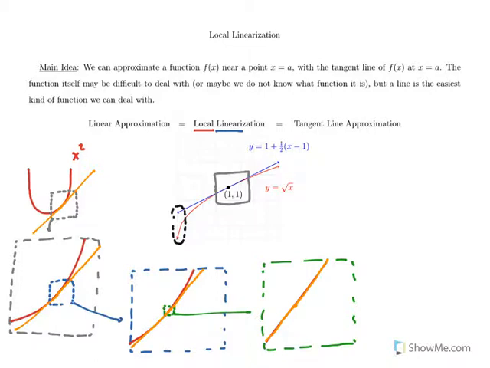So let's see how I could do that. Example 1: estimate the value of square root of 1.01 with a tangent line. And the idea here is that we don't know the value of square root of 1.01 without a calculator.